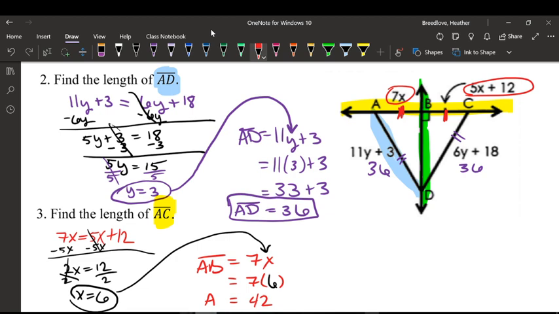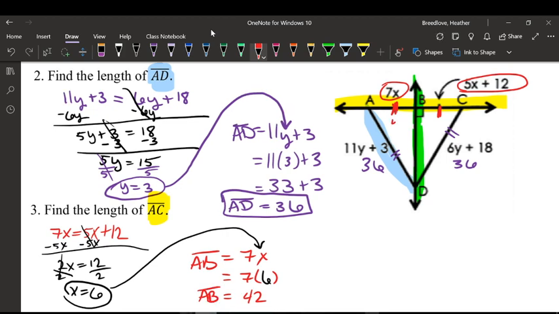And this is where I'm saying be careful, because the answer is not 42, okay? This piece that I marked as the 7x, that's 42, side AB. So we also know that CB is congruent, so CB is also 42.